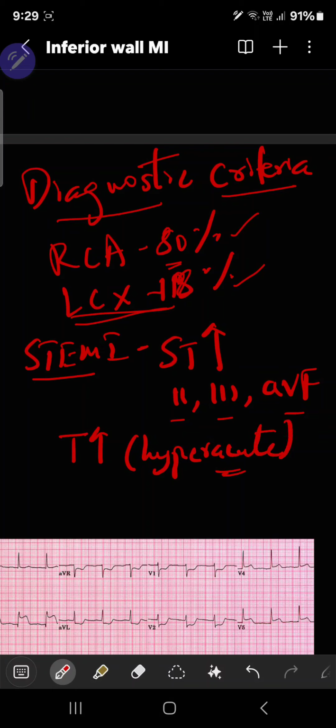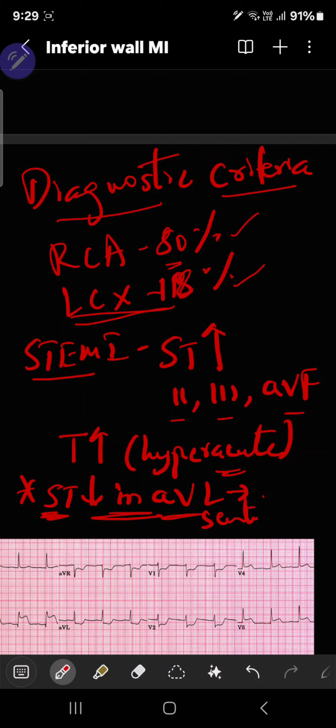The important part in inferior wall MI is that there will be ST segment depression in AVL. This is very, very important, because in any inferior wall MI ECG you take, this will always be present. So this is considered the sensitive marker for inferior wall MI.